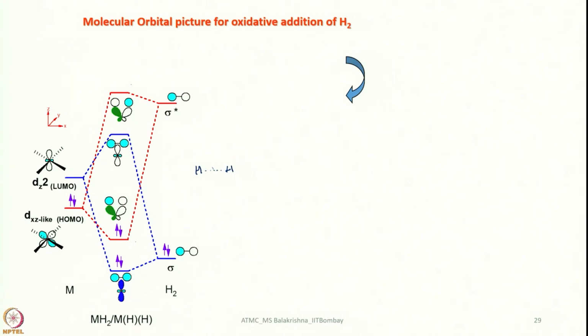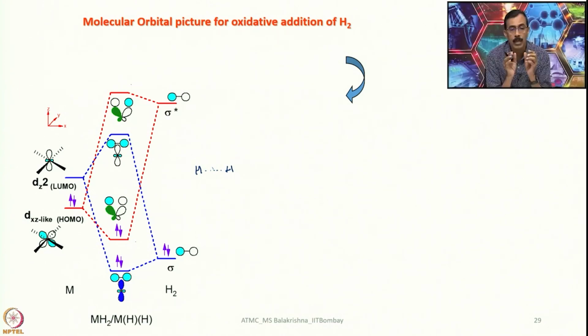So basically we are taking out a pair of electrons between the 2 hydrogen atoms through sigma bonding. Not only that, which weakens the bond, at the same time we are also adding electrons to the sigma star anti-bonding orbital. So these 2 kinds of bonding affect the HH bond.